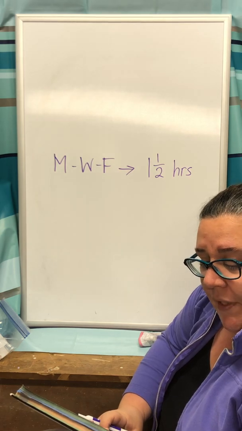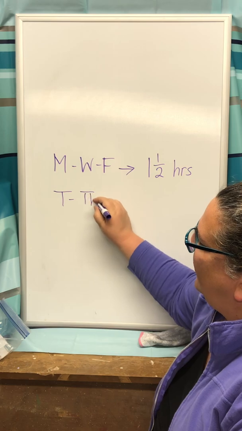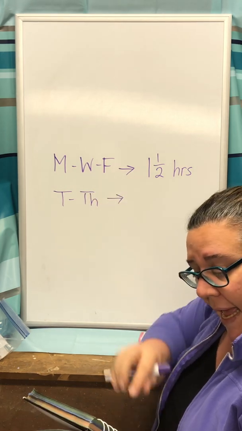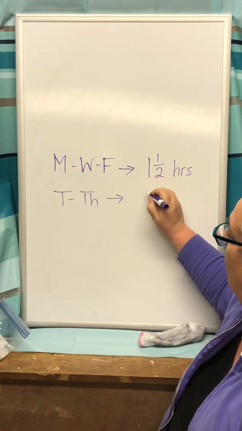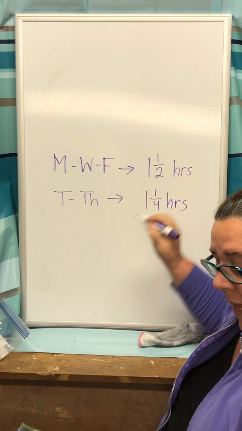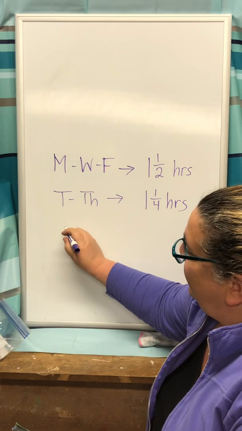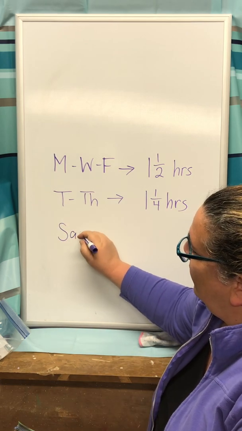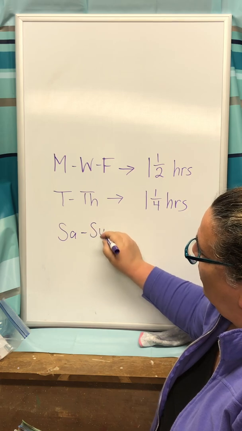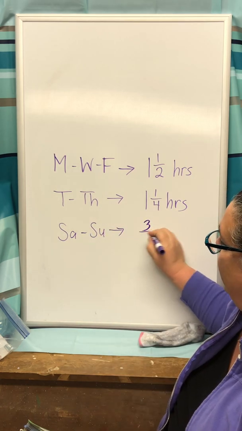On Tuesday and Thursday, I'm going to use a TH for Thursday, I have 1.25 hours. And then Saturday and Sunday, I have 3/4 of an hour.